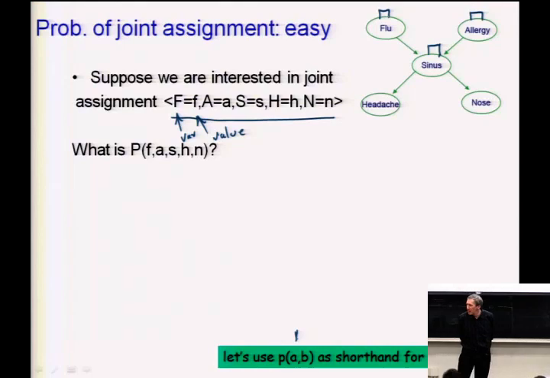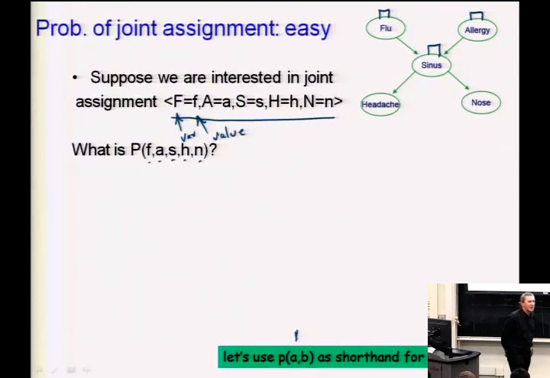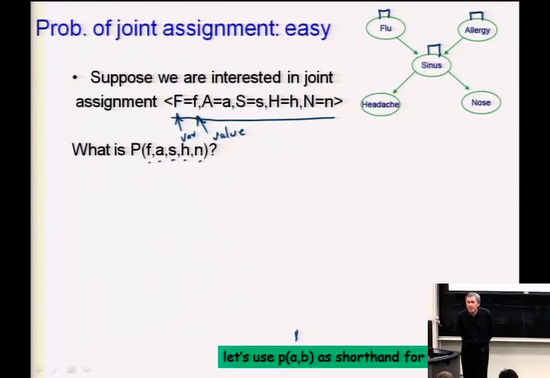Then how would I compute the probability of this particular assignment for those variables taking on those 5 values? And of course, the only thing I have available is the graph structure and the conditional probability tables for each one. So you start with first probability F times probability of A times probability of S given F and A.